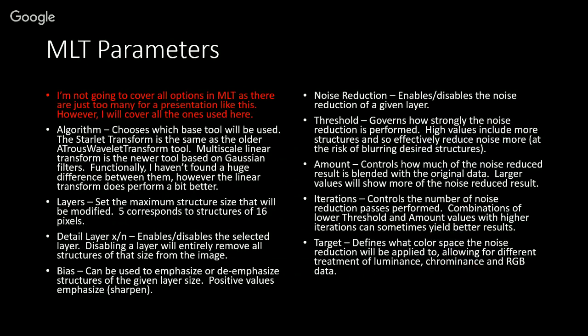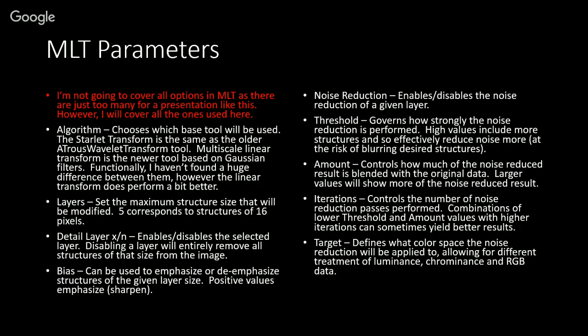So in this case, a layer of 5 corresponds to structures of 16 pixels. The detail layer, X of n, that's layer number out of total number of layers. Those just enable or disable the selected layer. Disabling a layer will entirely remove all structures of that size from the image.